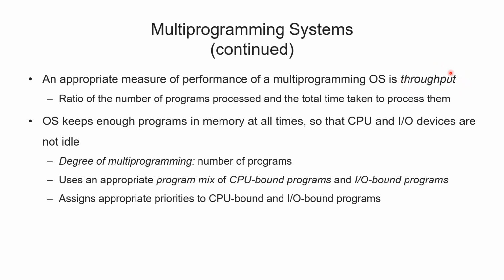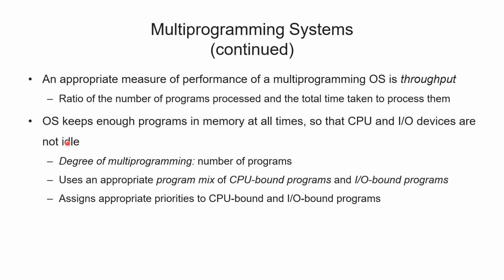Throughput is the ratio of the number of programs processed to the total time taken to process them, that is, the number of programs or requests completed per unit time. By using throughput we can measure the system performance.